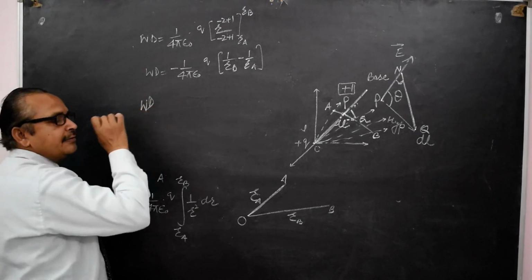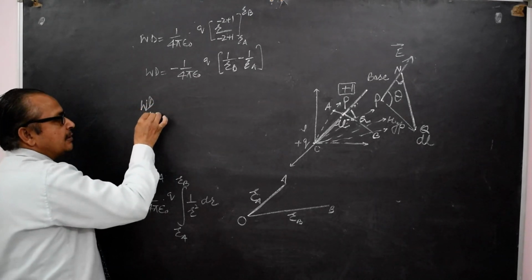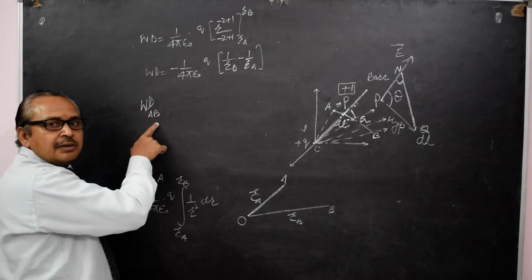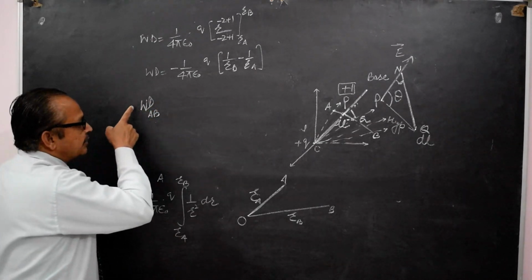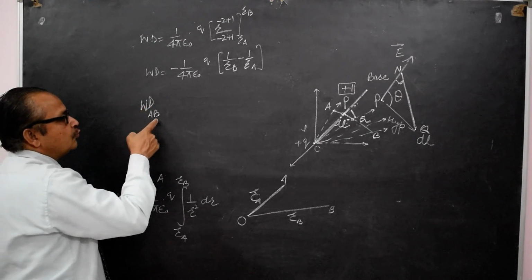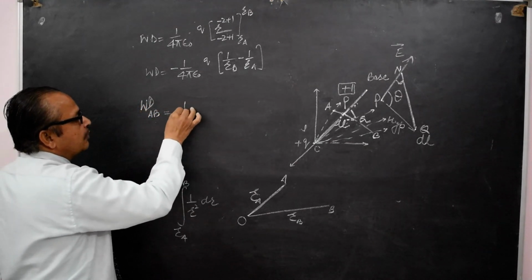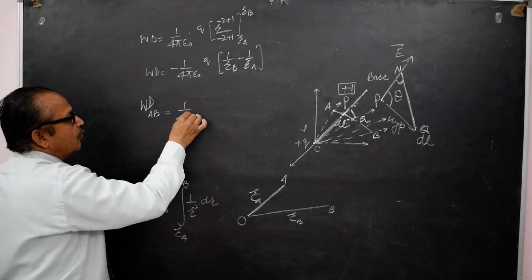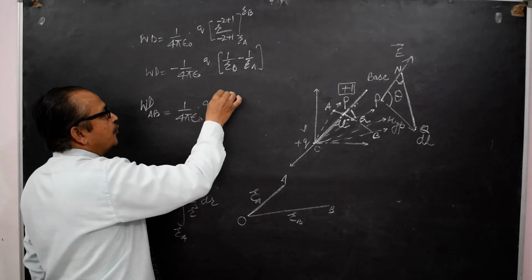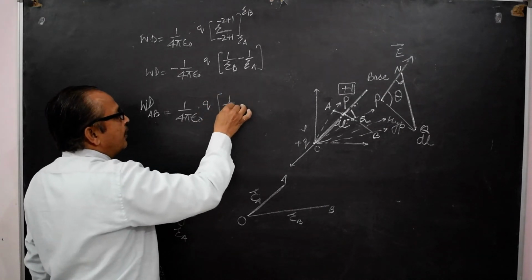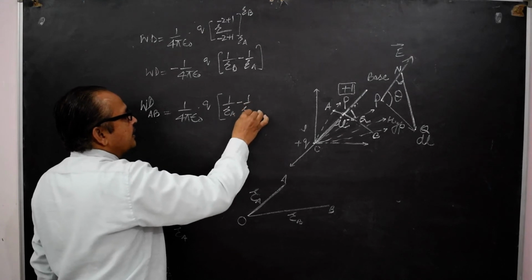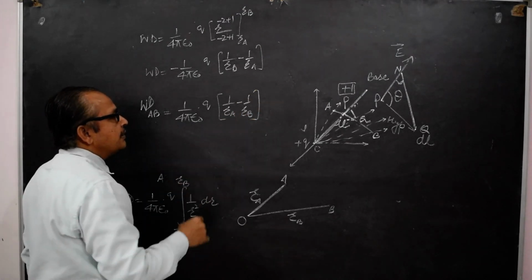Listen carefully. The work done in moving the charge from A to B will be equal to 1 over 4 pi epsilon naught q into 1 over RA minus 1 over RB.